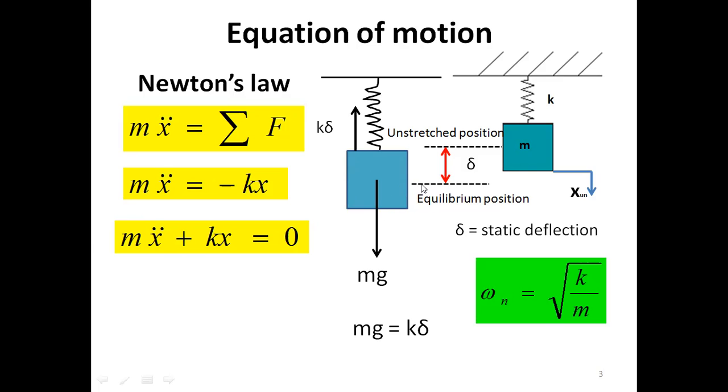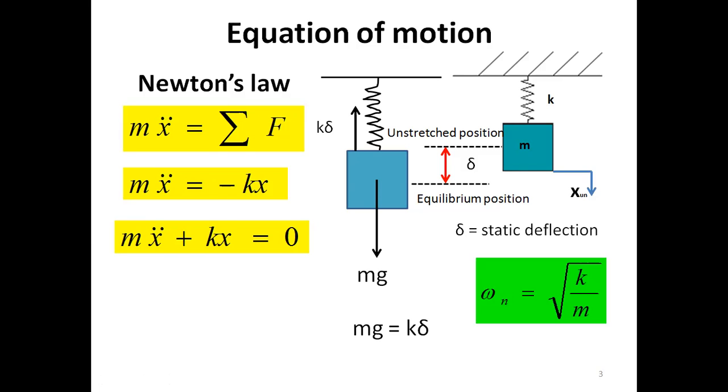So let's say now this is the equilibrium position. The mass is again stationary, and the displacement from the unstretched position to the equilibrium position, let's say, is delta. And we call this displacement the static deflection in the spring. So delta is the static deflection in the spring.